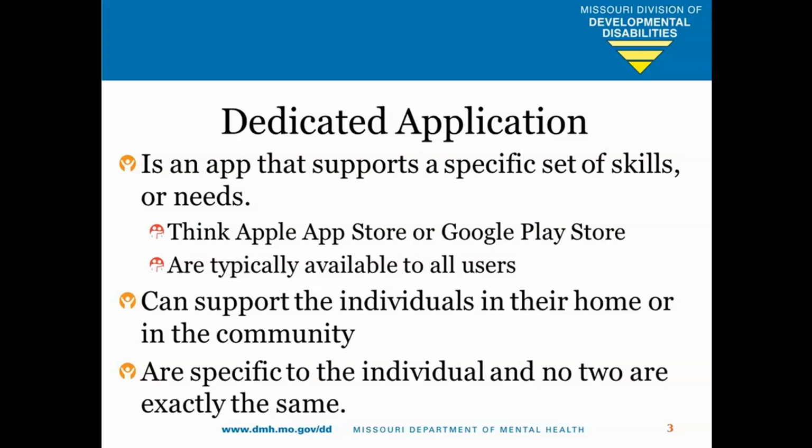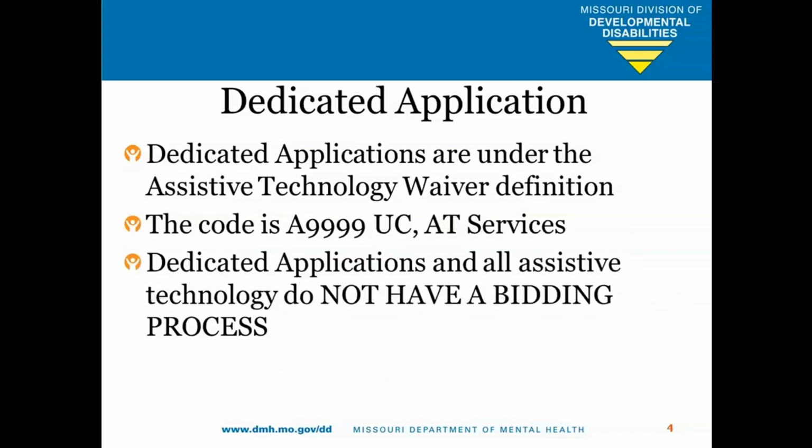So we're keeping that consistent support across all of their environments, which really helps learn and teach some of those skills. The other great thing about applications is that they're very specific. Not two applications ever do the same thing, which is one of the reasons why in assistive technology we don't use bids, because it's really hard to compare two different applications that do similar things but not quite the same.